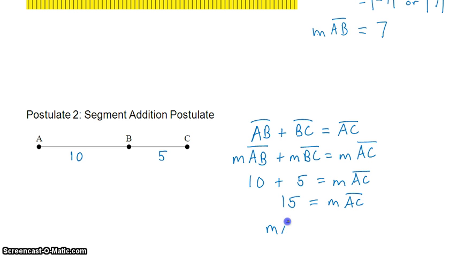And the measure of AC is going to be 15 long. It's going to be the length of these two segments added together. This seems like a lot of work, but it's a good introduction to what we're going to cover later on when we start to talk about proofs.